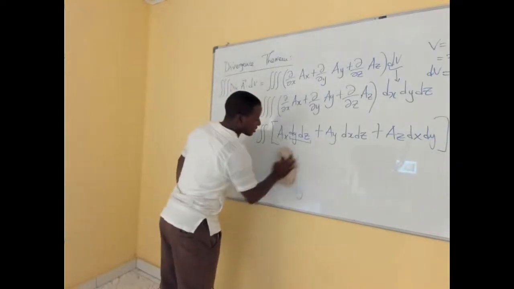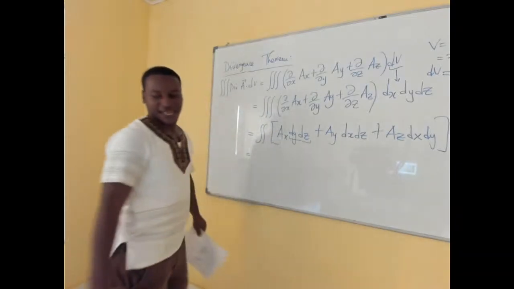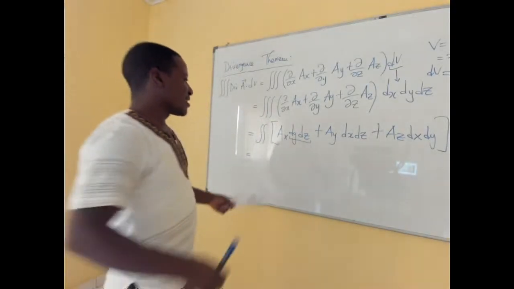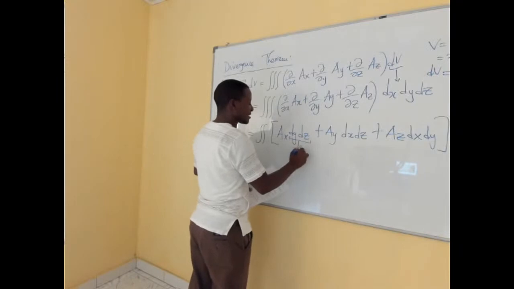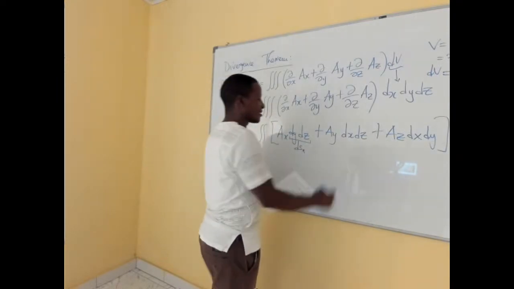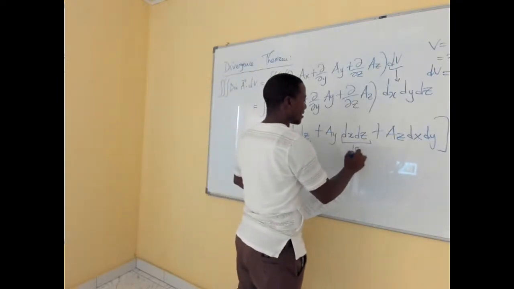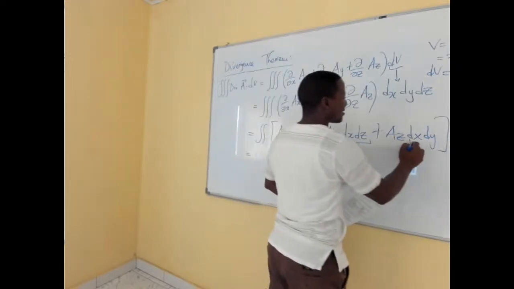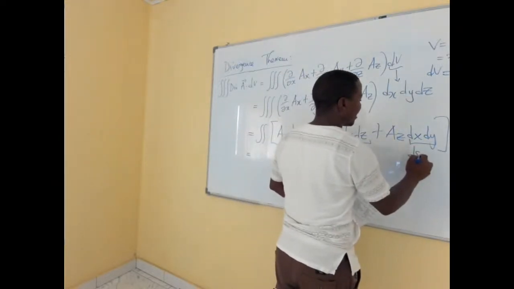So immediately, what we see from here is that this is our dSx, this is nothing but our dSy, this is nothing but our dSz.